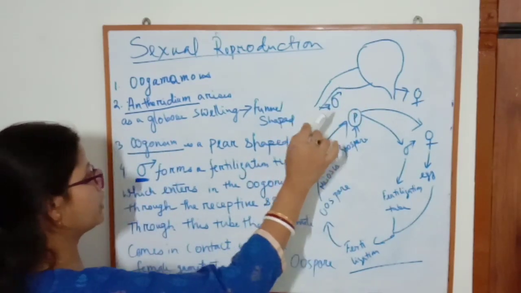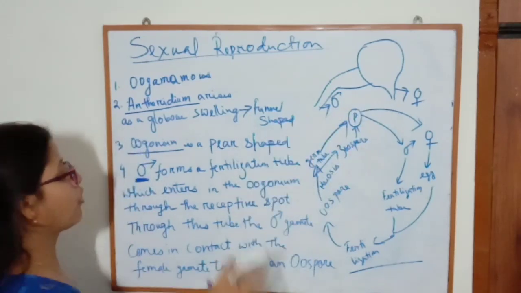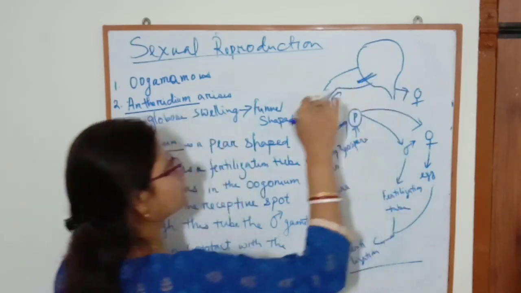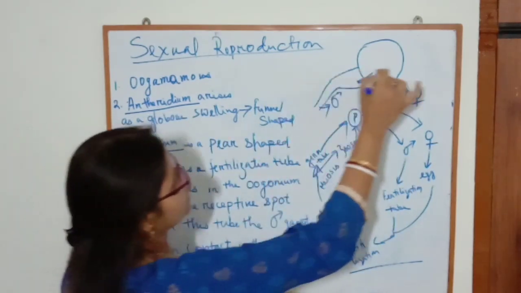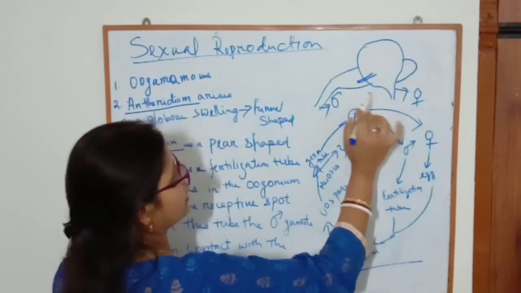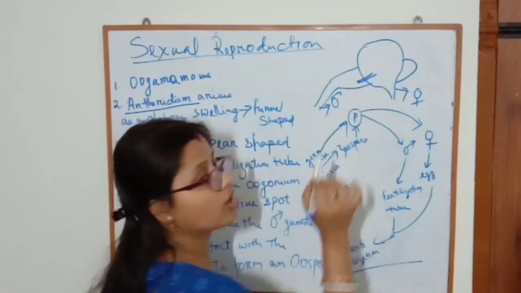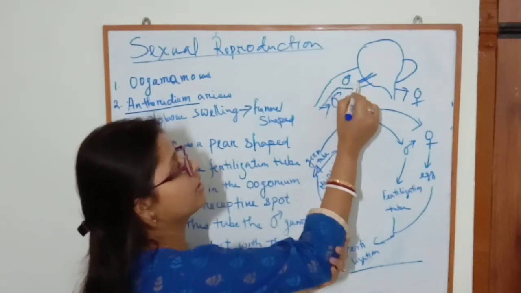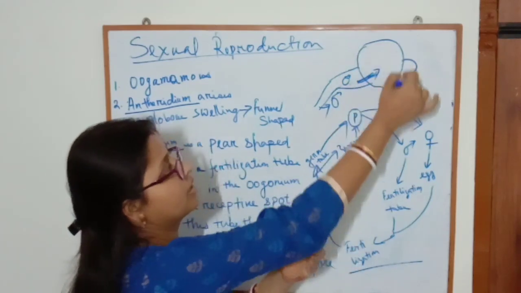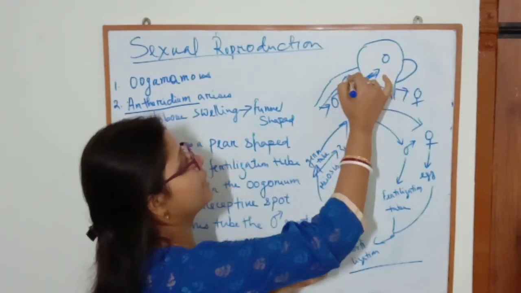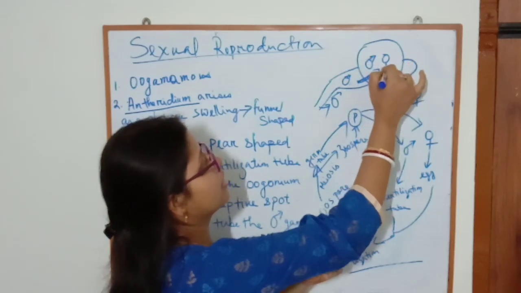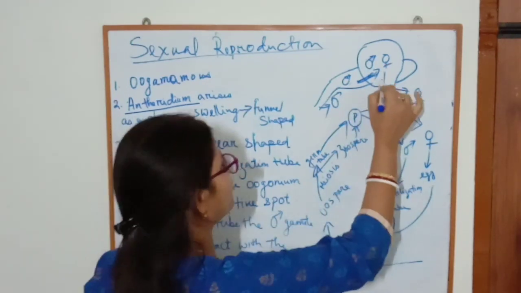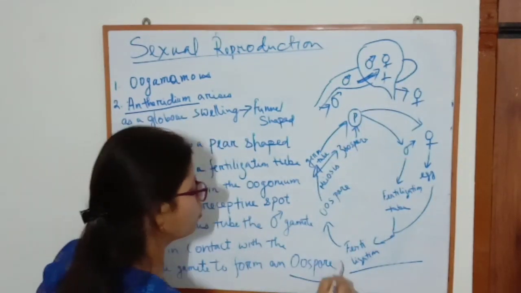Through the fertilization tube, the male gamete enters the oogonium, comes in contact with the female gamete, and they fuse and form one structure known as the oospore.